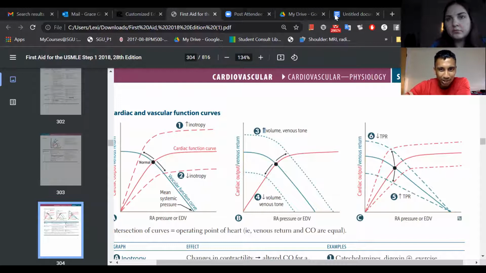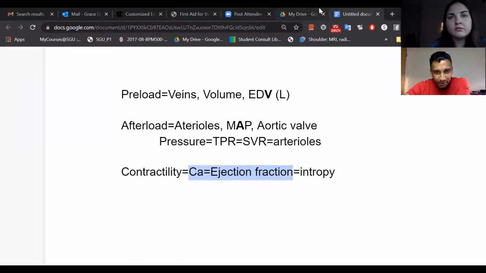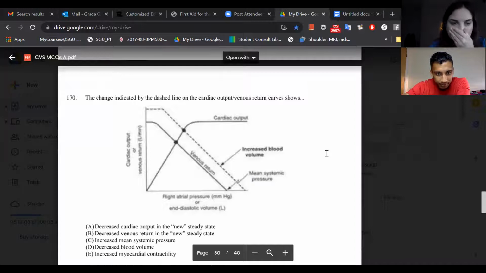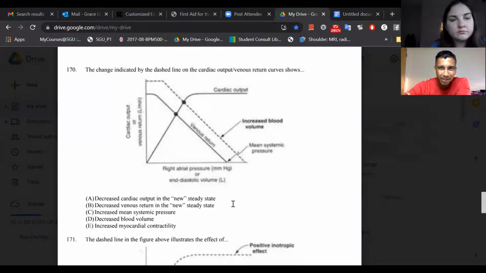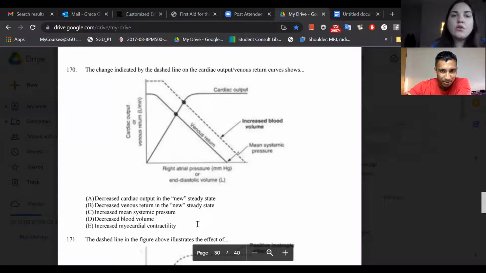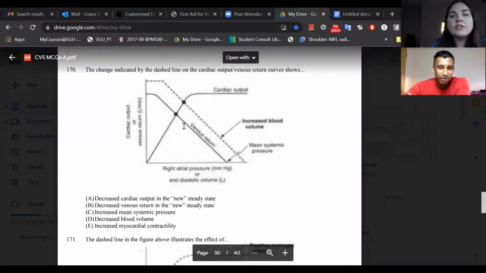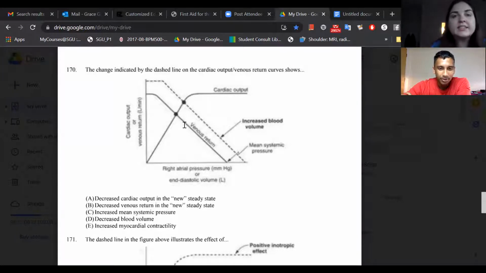Okay, let me see the choices again. E? Increase contractility. So why would contractility, I mean, yes, it does, but I don't know if contractility would be our most direct answer.